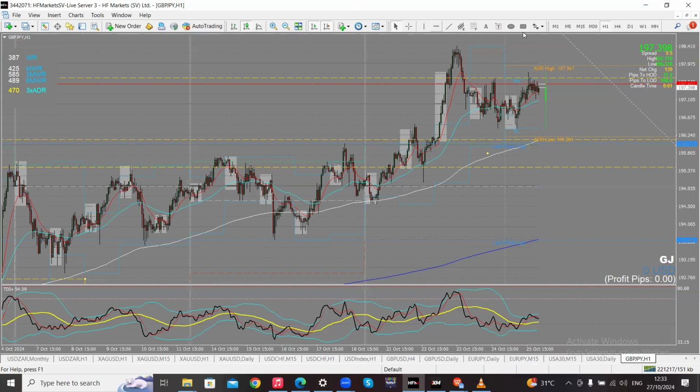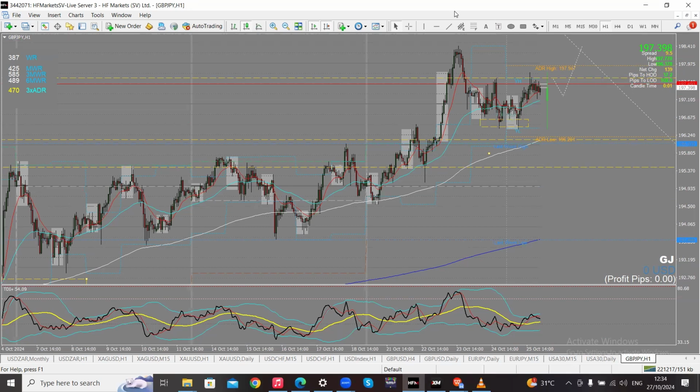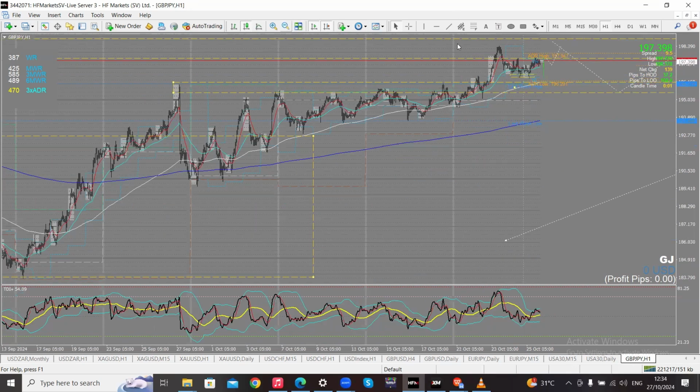So from a 1-hour perspective, we look like we are from an area of rejecting certain prices here. And it looks like price would likely just retrace so that we can continue to the upside. This is how this 1 hour looks like.